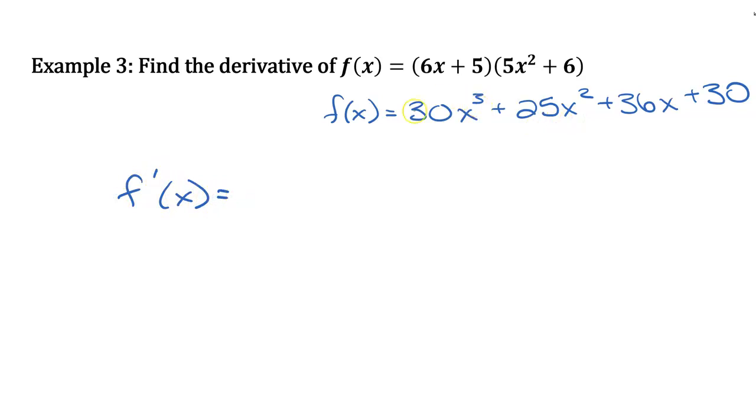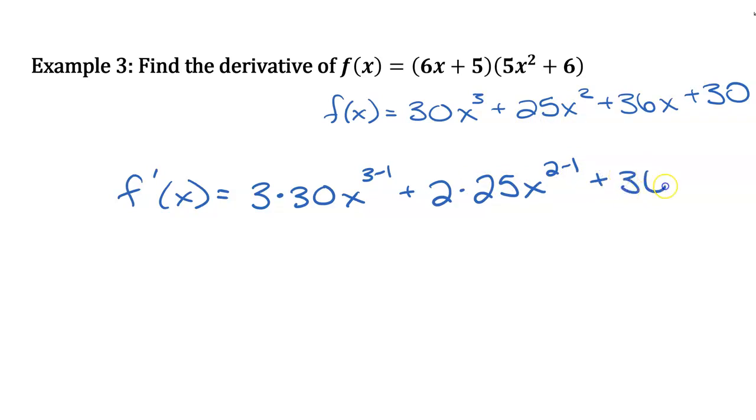Alright, so now that I have that, I can find the derivative. So, pull the power out front and go down a power. So 3 minus 1 would be squared. Pull the power out front and go down a power.